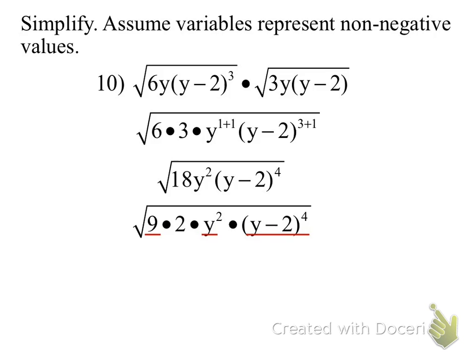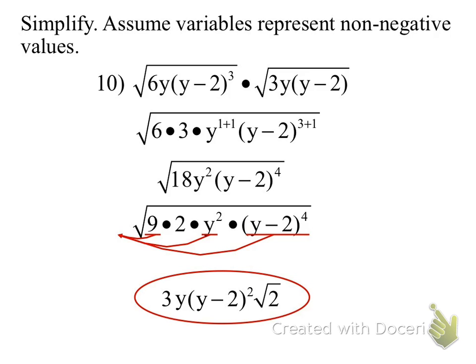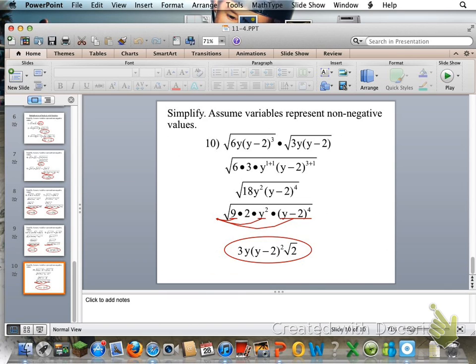And then you can take the roots. The root of 9 is 3. The root of y squared is y. And the root of y minus 2 to the fourth is y minus 2 squared. And then I'm left with radical 2 inside. Okay? And that's 11.